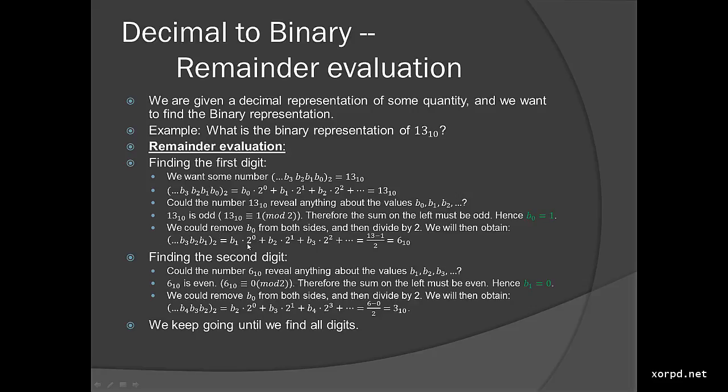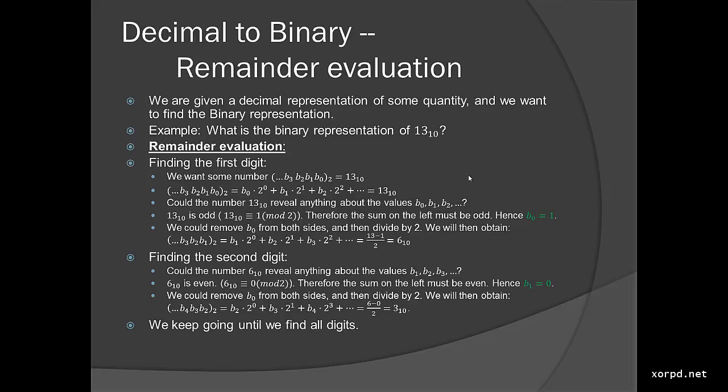The new equation we are going to get is something like this: b1 times 2 to the 0 plus b2 times 2 to the first, and so on. You can see that we actually divided here by 2 all the elements, because all the powers are lower by 1. And we get on the other side 13 minus 1 divided by 2, which is 6.